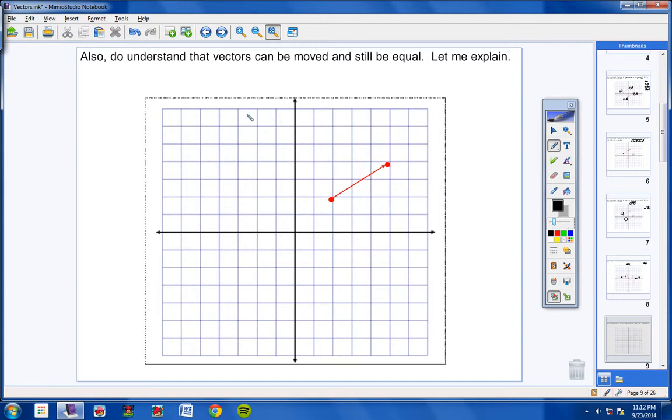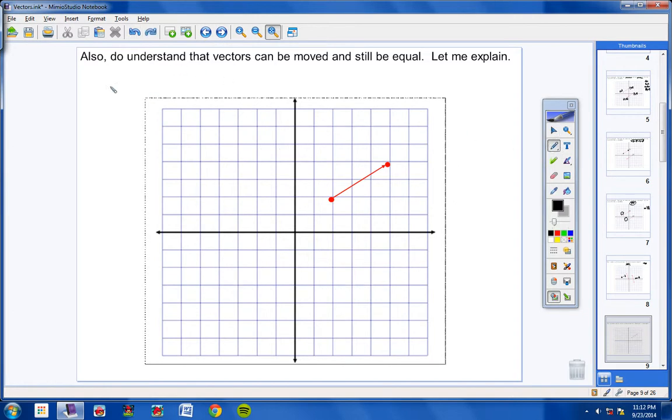Now, understand also, students, that vectors can be moved and still be equal. All right, let me explain this to you. Now, watch this carefully. Please watch this, students.